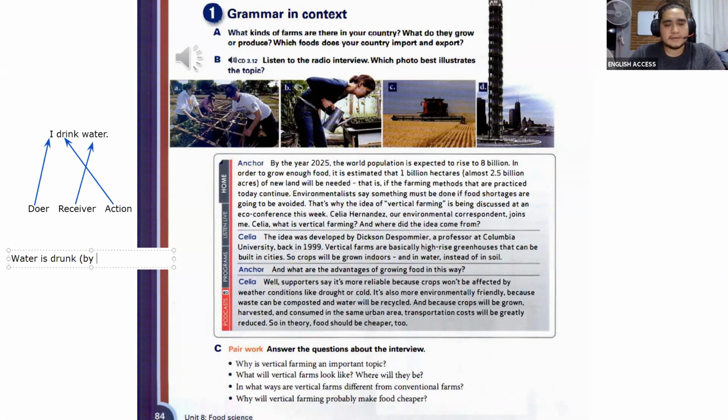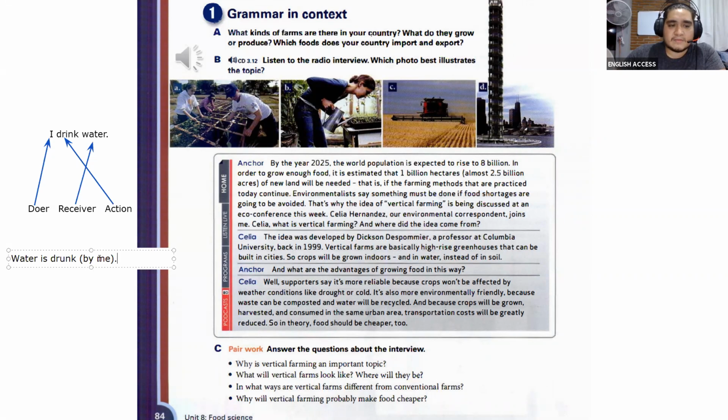Okay, and since it's I, you have to transform that into me. Yes, an object pronoun, correct? Because now the doer is being affected by this, right?